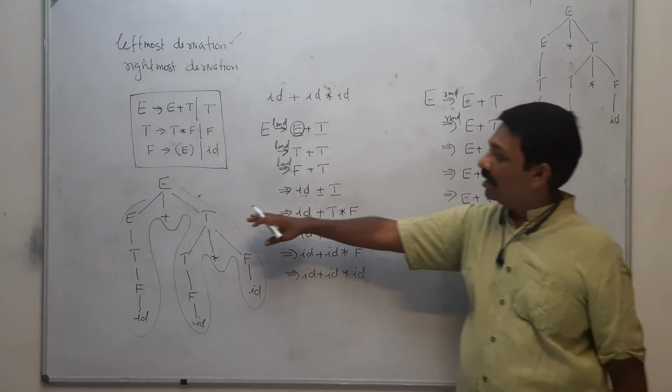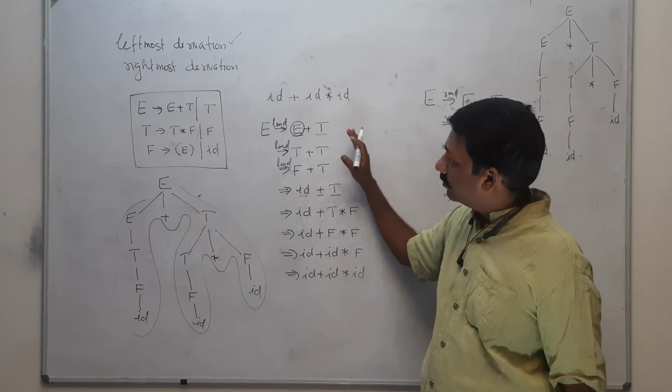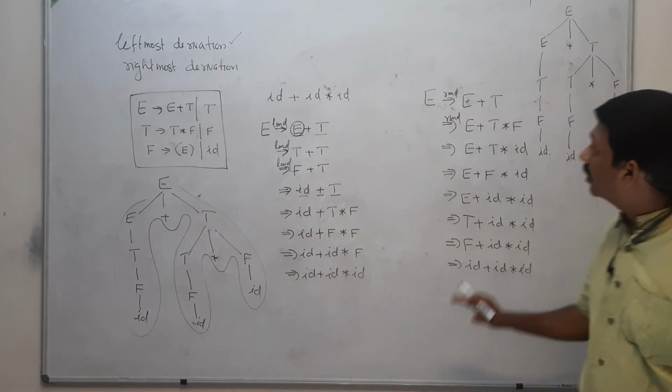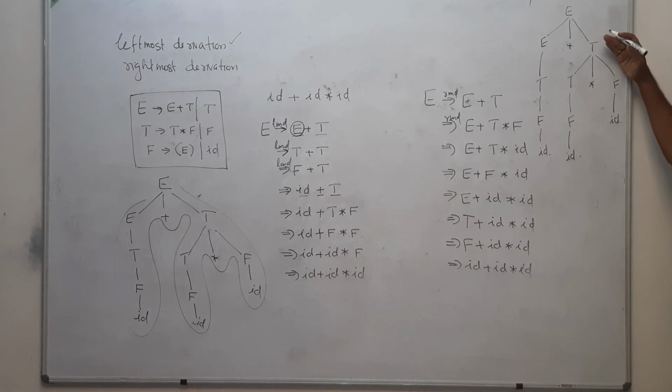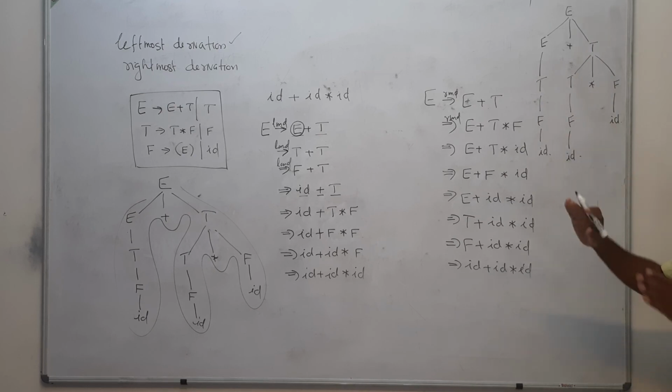See, this is the derivation tree which is taken from the leftmost derivation, and this is the derivation tree which you have taken from the rightmost derivation. That means look at these two derivation trees.